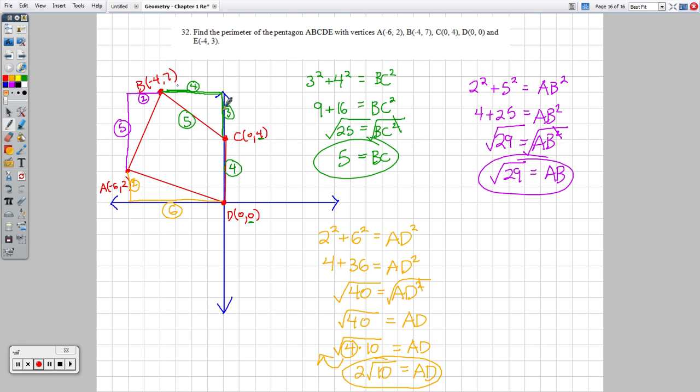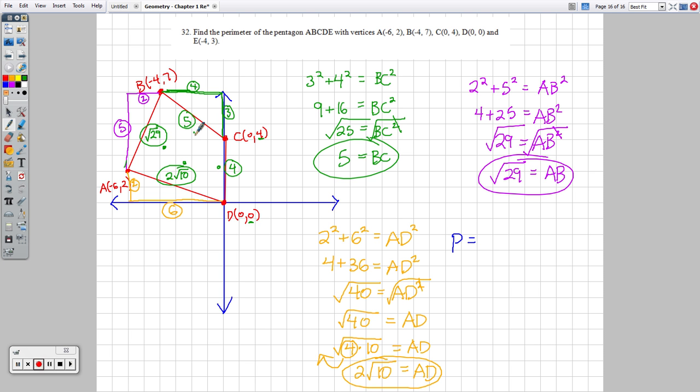So if we put that all together, I'll go back to blue. My perimeter of this shape is going to be those things added together. So this was 5 right there. This length was the square root of 29. And then this one was 2 square root of 10. So we're adding these 4 values together.